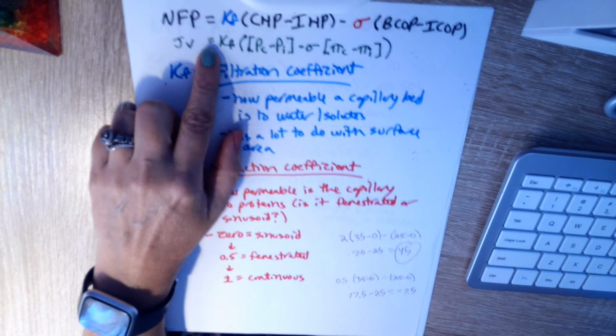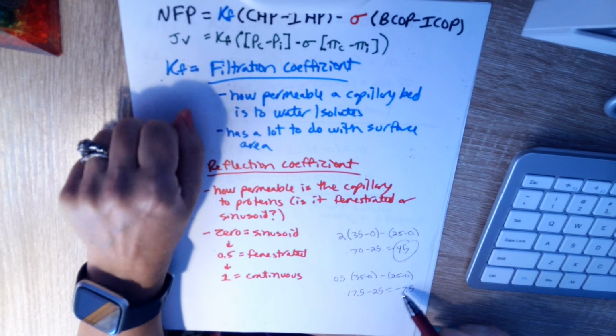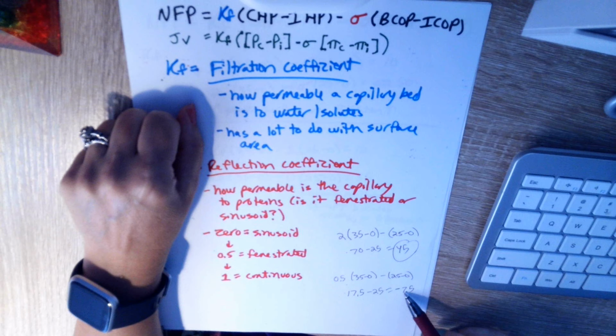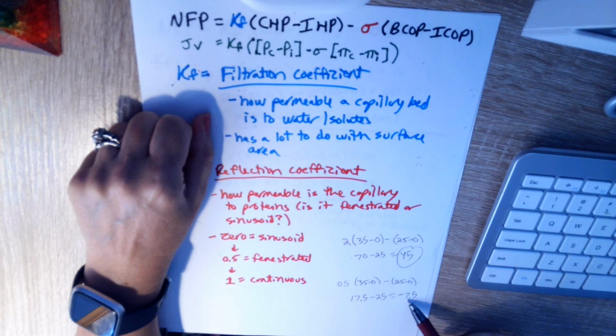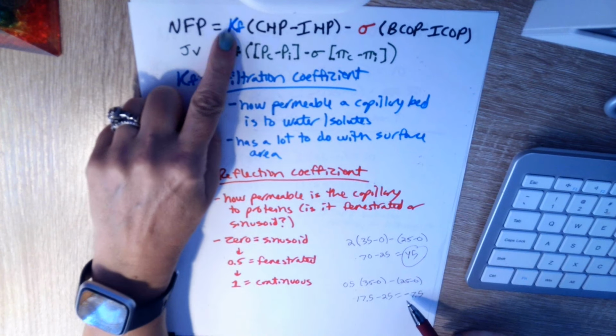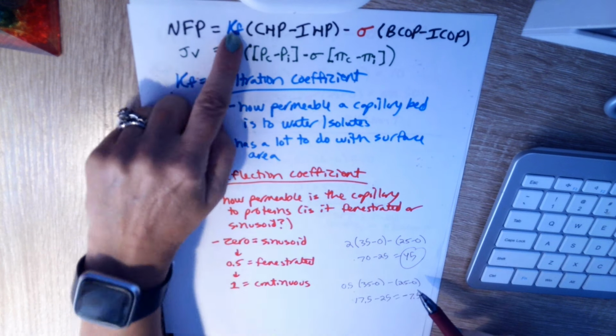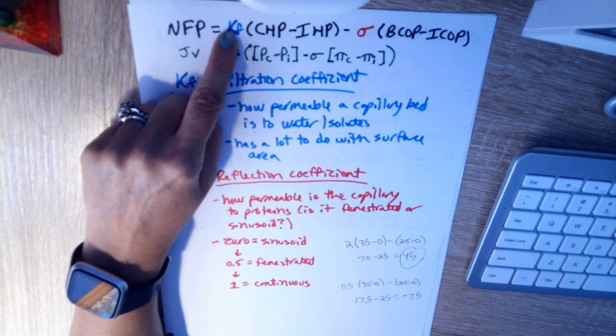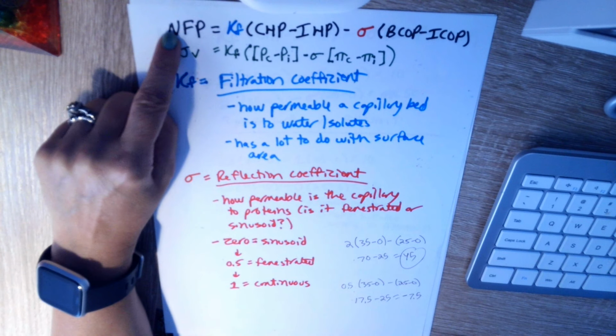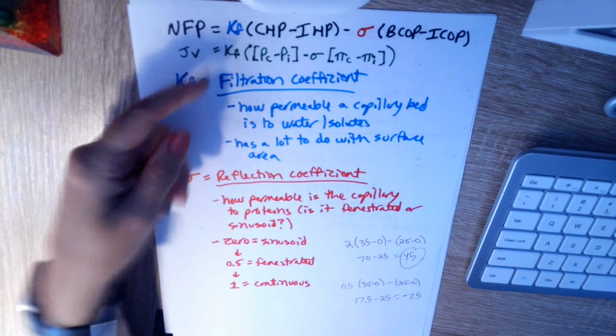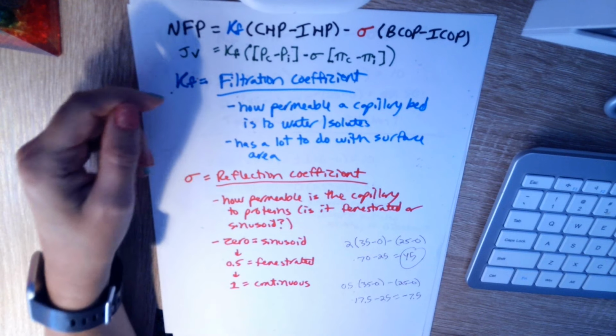I'm sorry if my math skills are not up to par. But you get the idea. It's a lot less. Now it took us all the way into reabsorption. So it makes a big difference is what I'm trying to say with my clumsy math here. So if you increase the filtration coefficient, you increase the net filtration pressure. If you decrease it, you decrease the net filtration pressure.